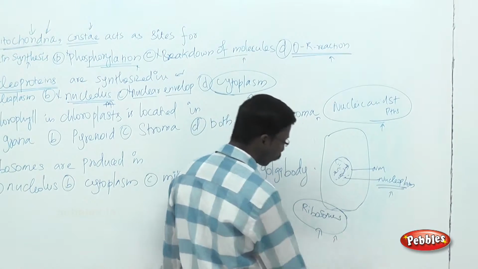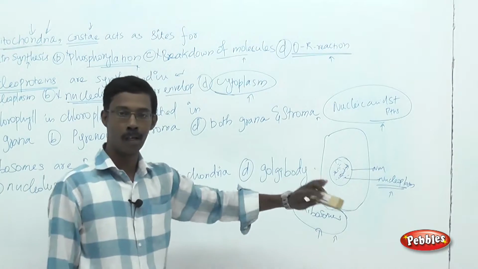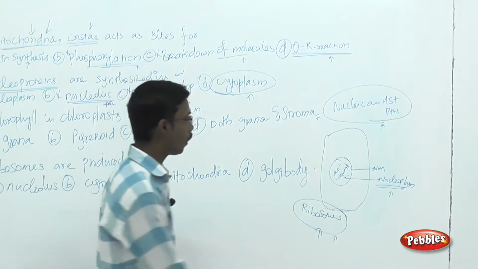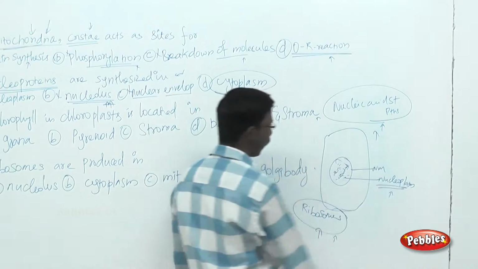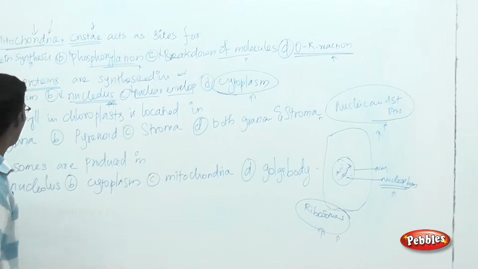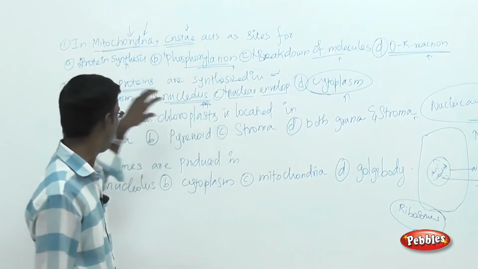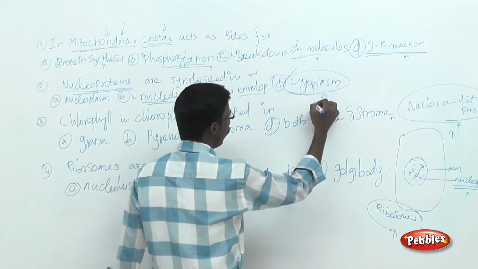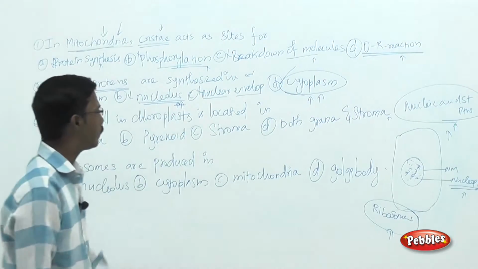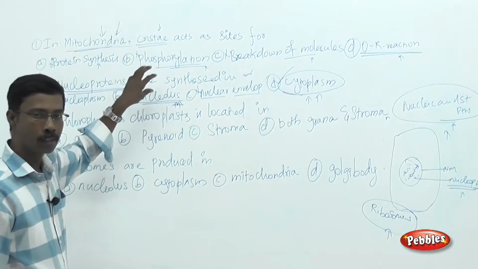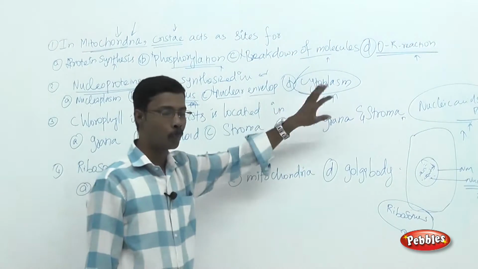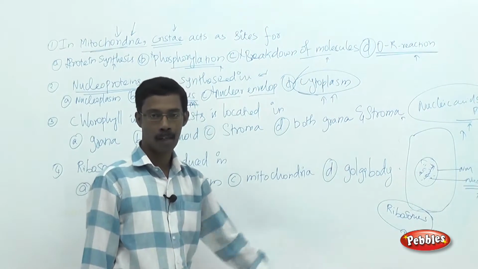When there are no ribosomes within the nucleus, there will be no synthesis of the nucleoproteins there. So the nucleoproteins are synthesized in the cytoplasm. Whenever you see a question about protein synthesis, whatever the protein may be, the answer might be cytoplasm or exactly the ribosomes.